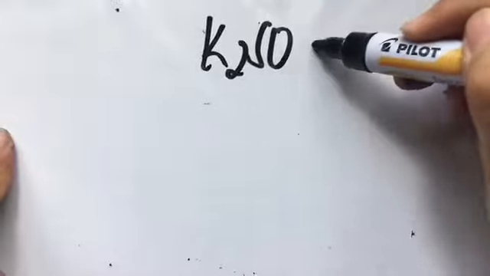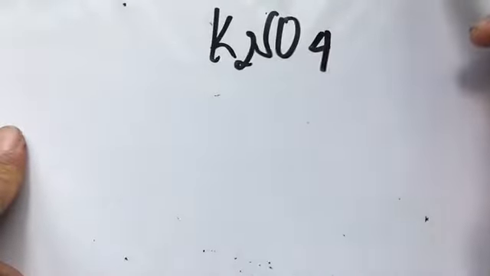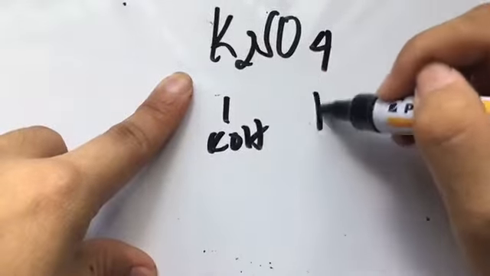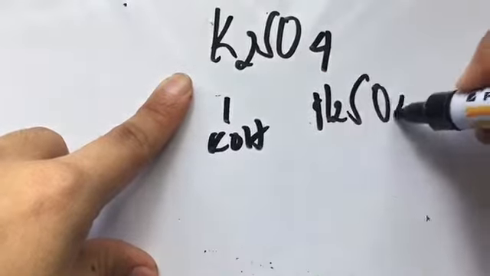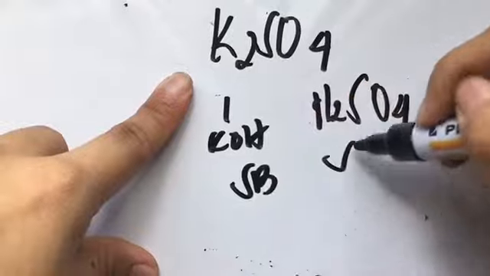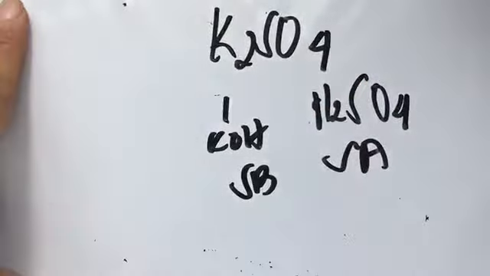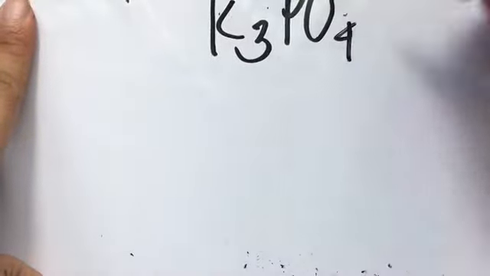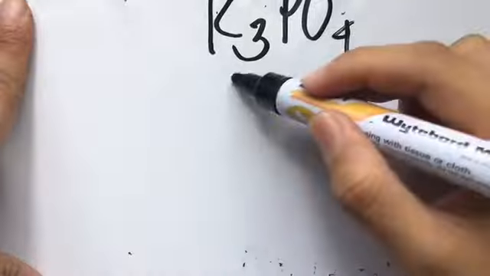Next, we have K2SO4, potassium sulfate. Potassium sulfate came from potassium hydroxide and sulfuric acid. Strong base, strong acid, so our solution will be neutral. Next, we have potassium phosphate.